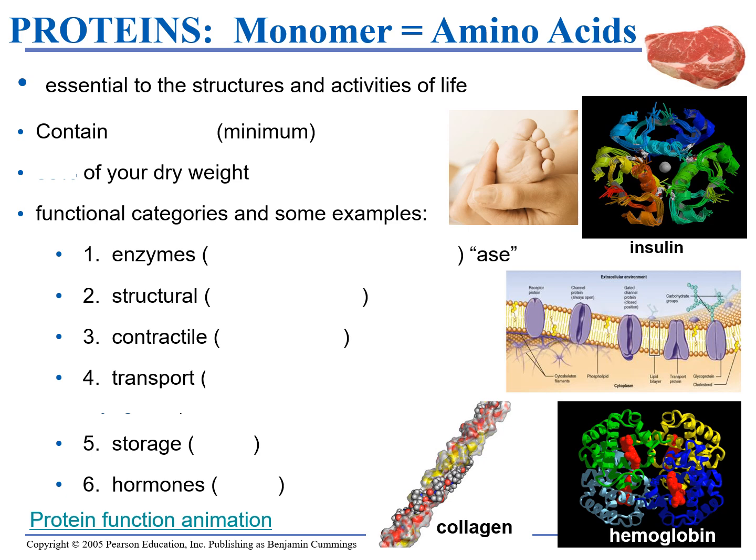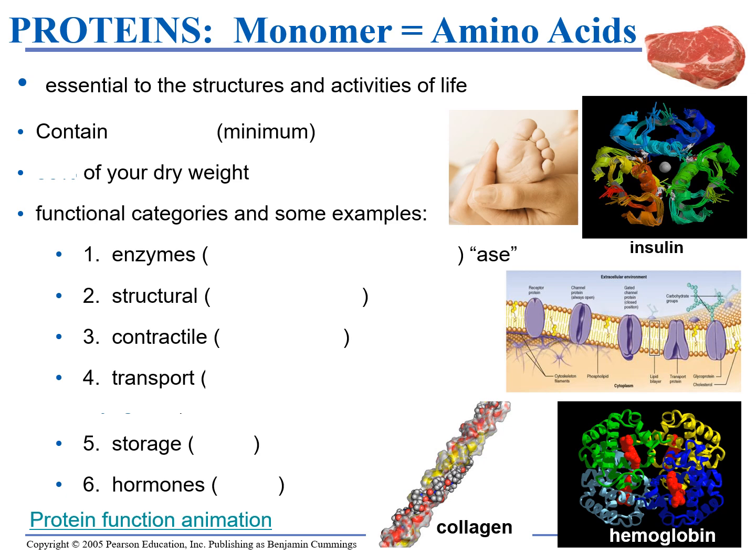So now let's look at the proteins. As we discussed on that slide, this is one of the four groups of basic biological molecule groups. So proteins are essential to the structures and activities of life.